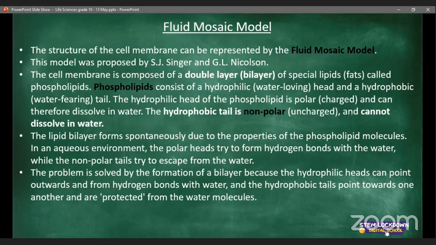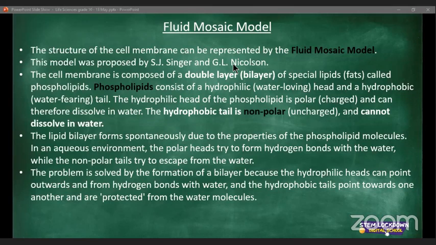Remember, by polar, we mean that they are charged and water loving. So they try to form hydrogen bonds with the water, while the nonpolar tails try to escape from the water.